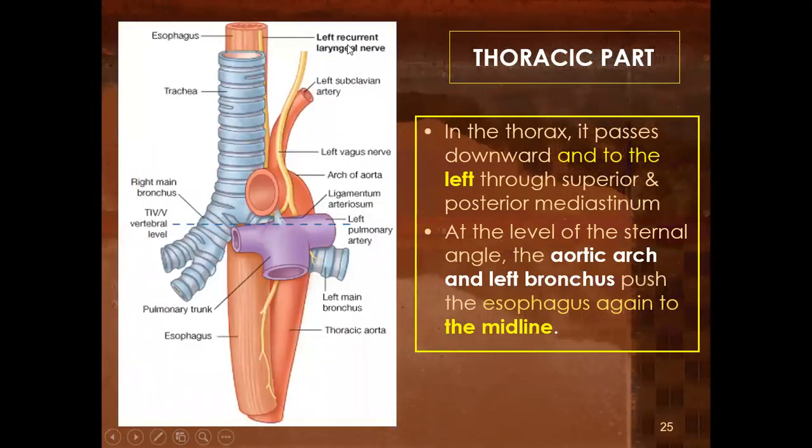As you can see here, this is the esophagus going all the way through the neck, and then in the superior mediastinum, and now it will be here, and then it will go behind the heart. Here is the esophagus. It is slowly going toward the left side again, but by the arch of the aorta and the trachea, it is pushed back to the midline. So this is the esophagus complete behind the trachea.